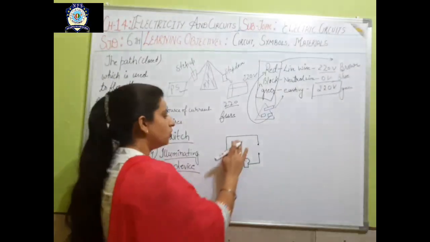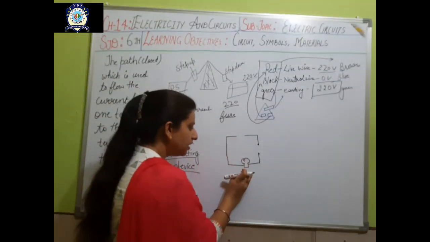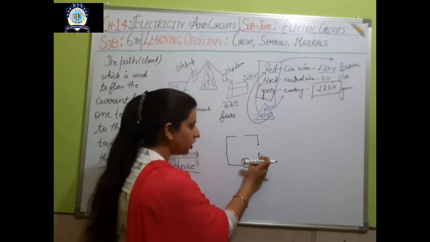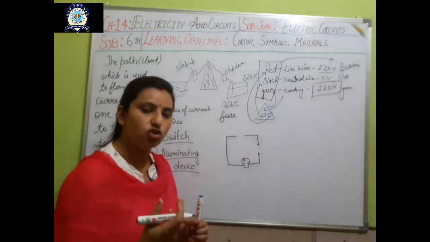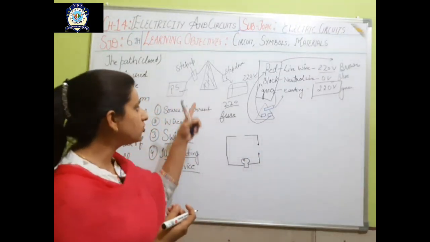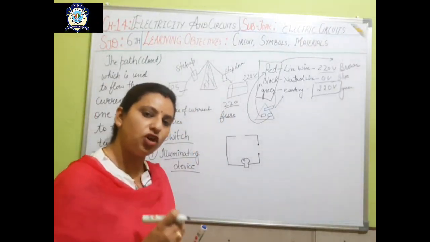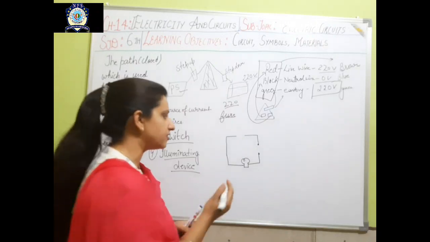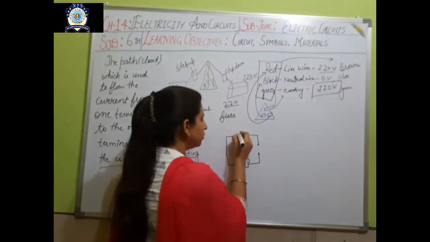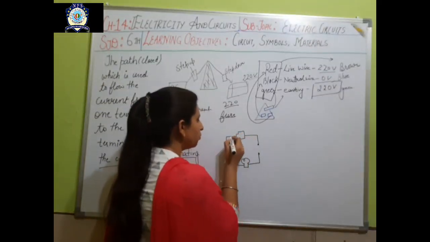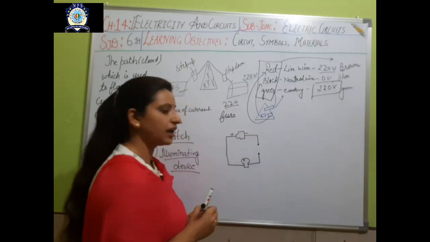Okay, so we have the bulb here, we have the switch here, but the main thing, the source of energy, is not here. So we can't use such a large amount of energy here. So what we are going to use as the first source of continuous flow of current is the cell, which was discovered by Alessandro Volta. This is the positive terminal and this is the negative terminal.